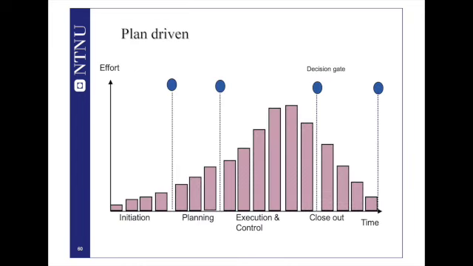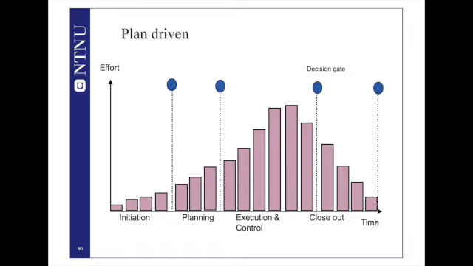This is a typical life cycle of a plan-driven approach. As you can see here, usually this plan-driven approach has 4 or 5 phases. Usually you have an initiation phase where you try to identify your goals, your objectives, your requirements, and then you plan how to do these goals and objectives and requirements.